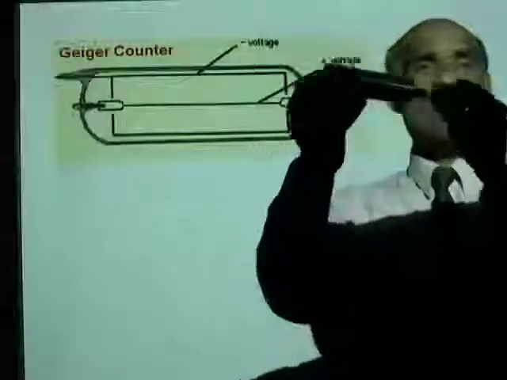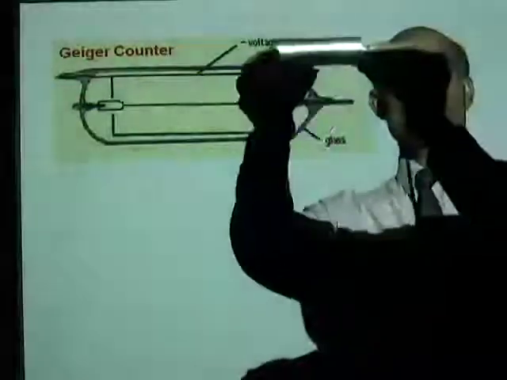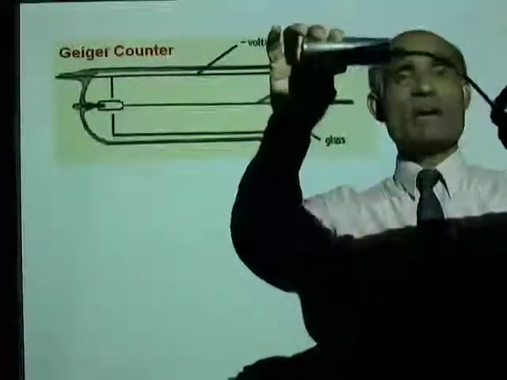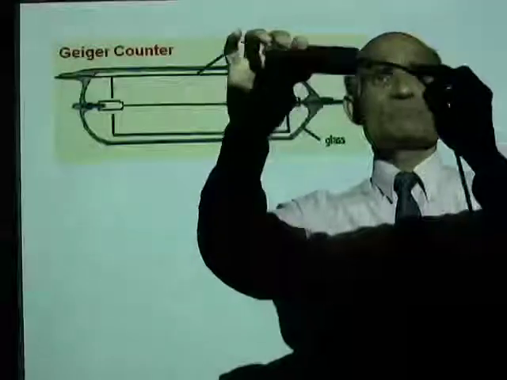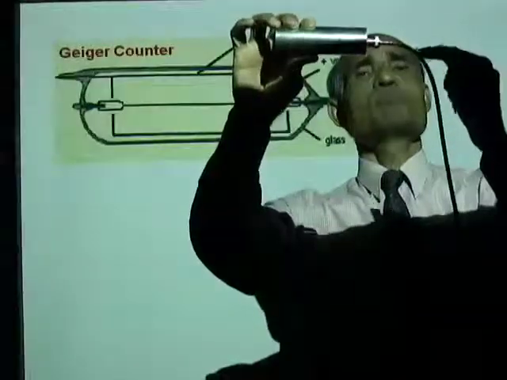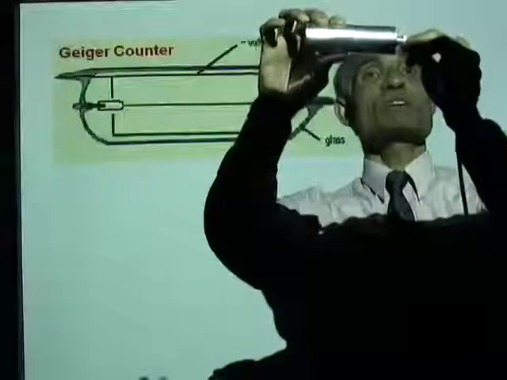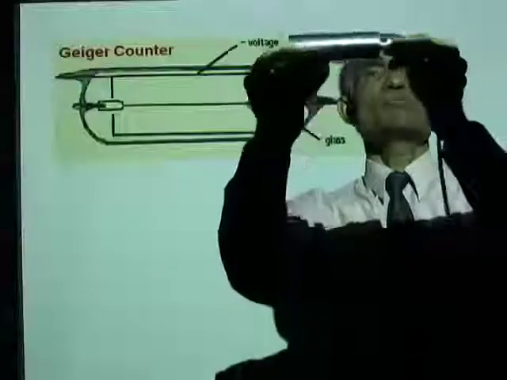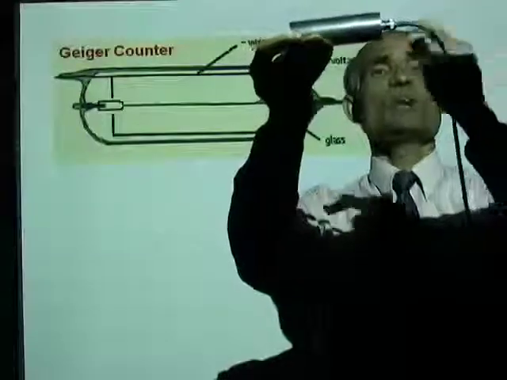So here I have the metal cylinder, and the wire actually does a couple of things. It provides the potential difference between the outer container and the inner wire. That is one wire that goes inside.